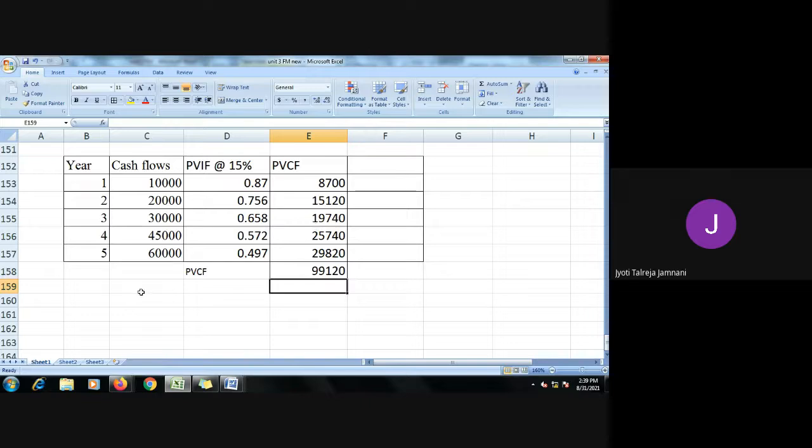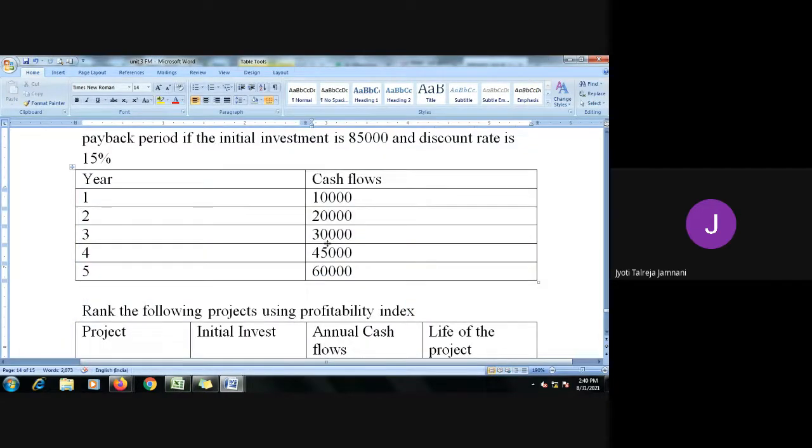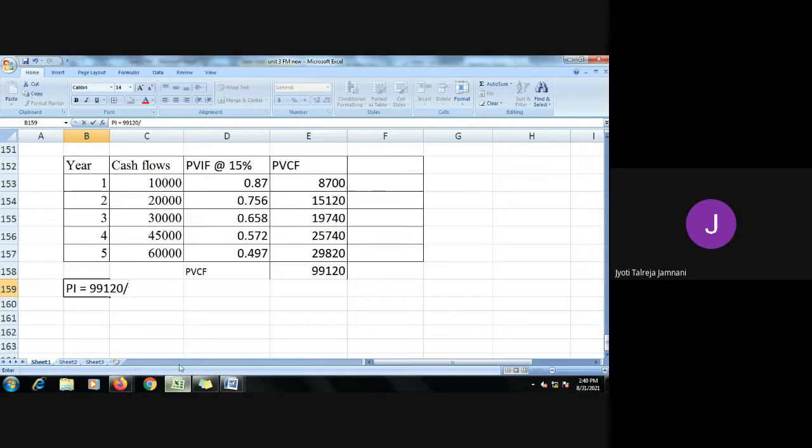Okay, so we'll find the profitability index now. Profitability index is equal to present value of cash flows 99,120 divided by initial investment. The initial investment given in the question is 85,000. So we'll divide it by 85,000 to find the PI. 99,120 divided by 85,000 will get 1.16.